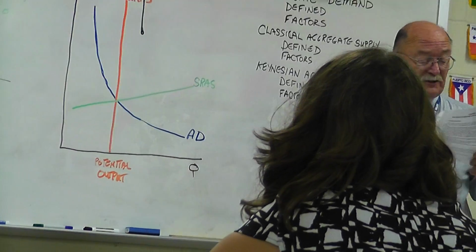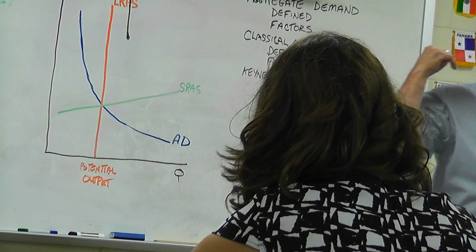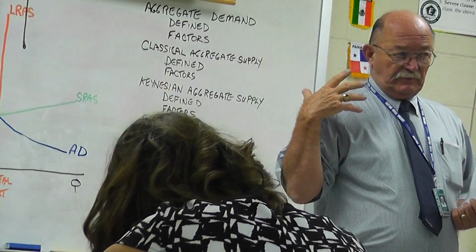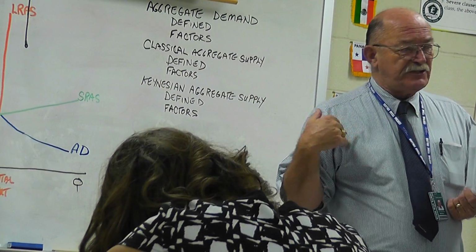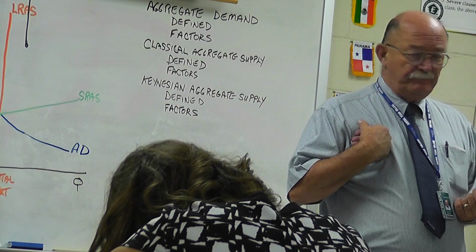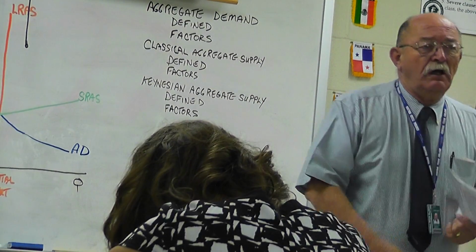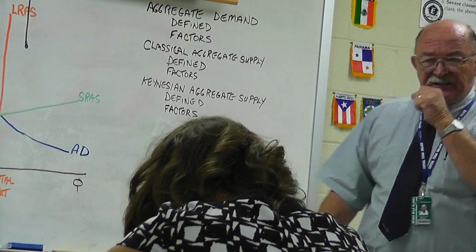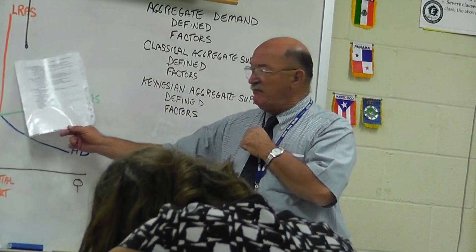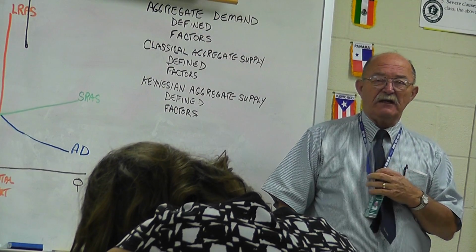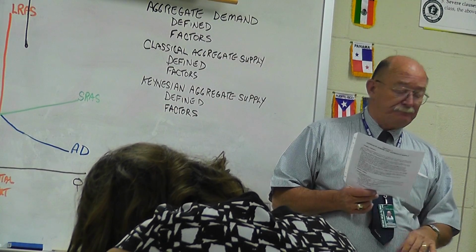Okay. Now, that's one of the factors. Another factor that will cause that curve to shift is technology. An increase in technology makes your workers more efficient. If we discover something new, that's going to make us more efficient. That's going to shift that curve to the right. It's going to be a rightward shift, a good thing.